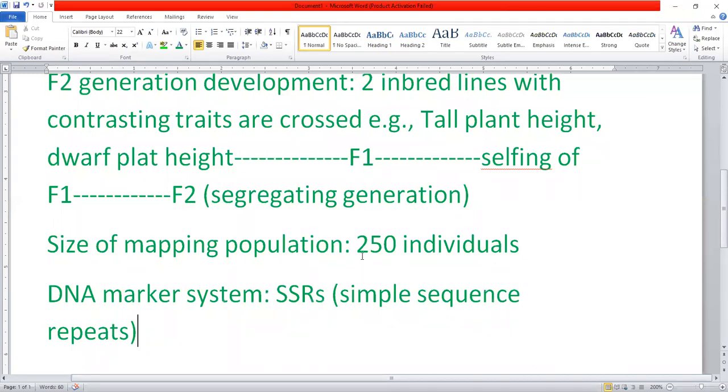So these 250 individuals are genotyped with the SSR marker system.